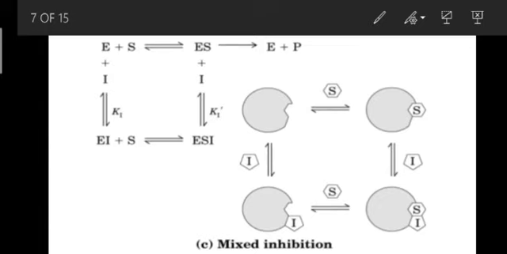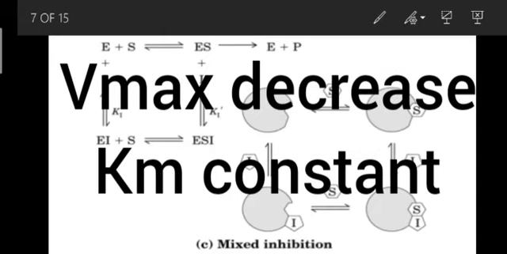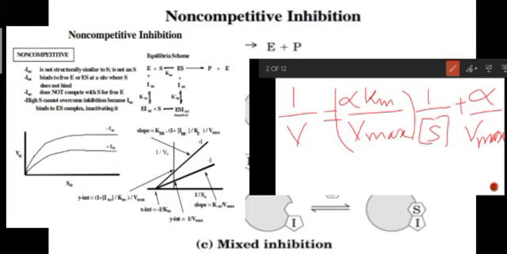In this type of inhibition, Vmax decreases and Km stays constant. And the double reciprocal form of the equation will be 1 by V is equal to alpha Km by Vmax multiplied by 1 by substrate concentration plus alpha by Vmax.